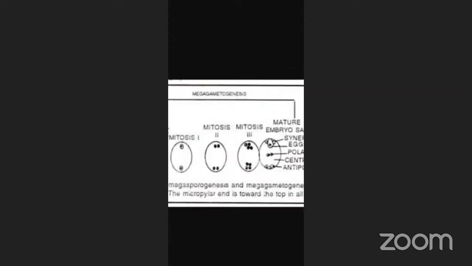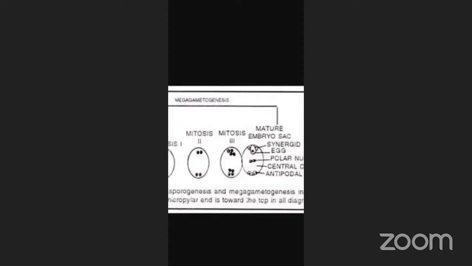So here, the next one is the Fritillaria type. This type was described in Fritillaria persica. The coenomegaspore in this type of embryo sac development takes up a 1+3 arrangement.